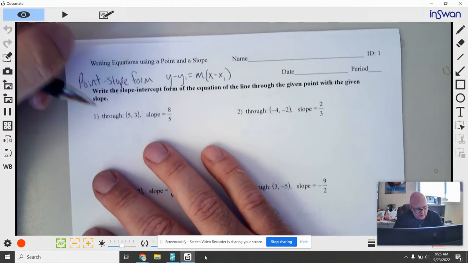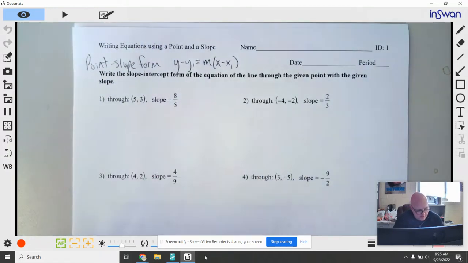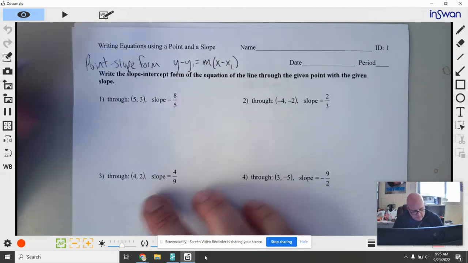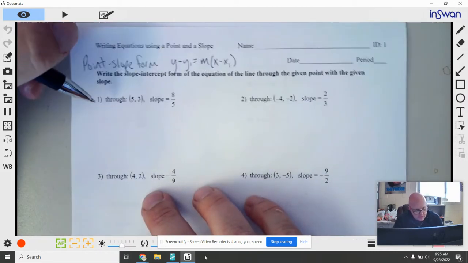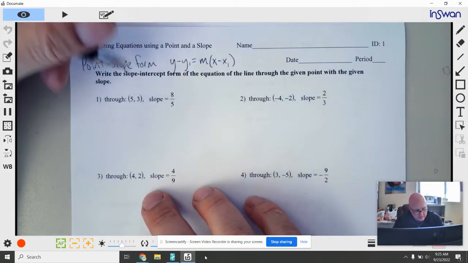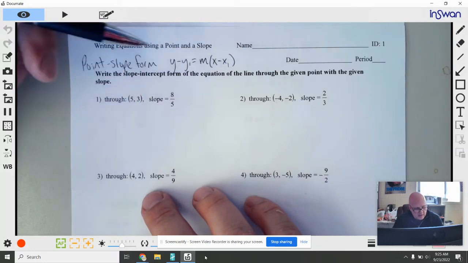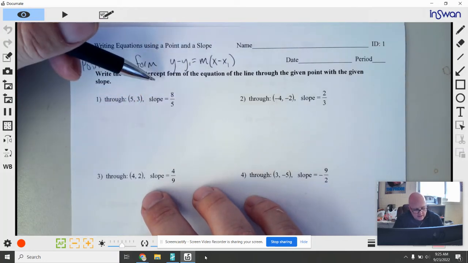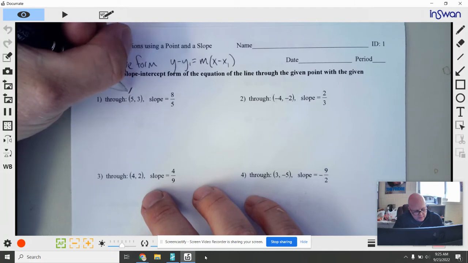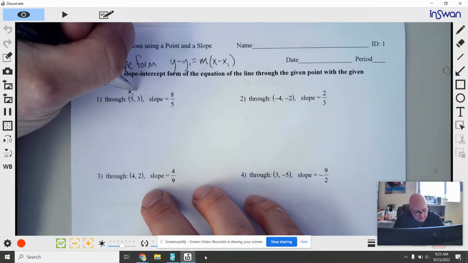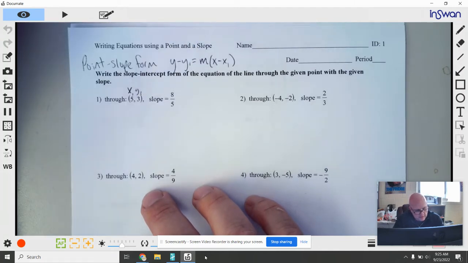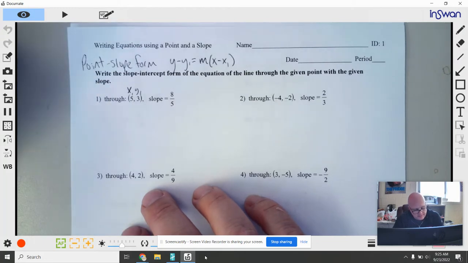All right, so if I look to see how that's applied to number 1, our point is right here, (5, 3). There's a line that goes through (5, 3) and has a slope of 8/5. And they want you to write that line in slope-intercept form. So that's x sub 1, that's y sub 1, just because that's the only point that's listed.